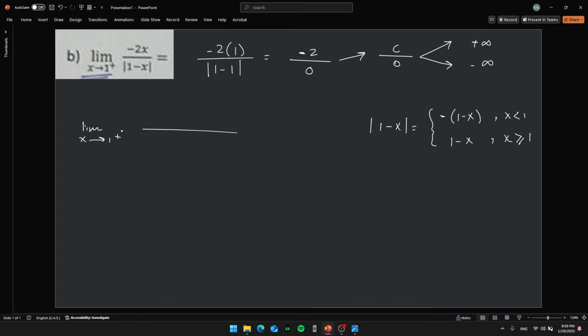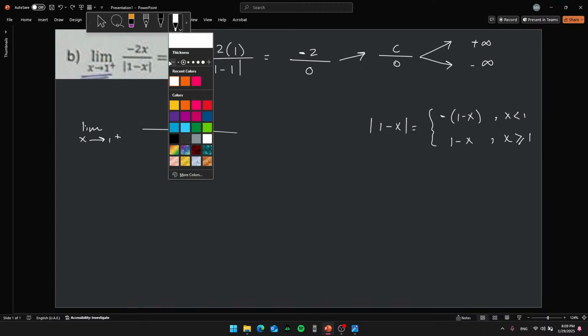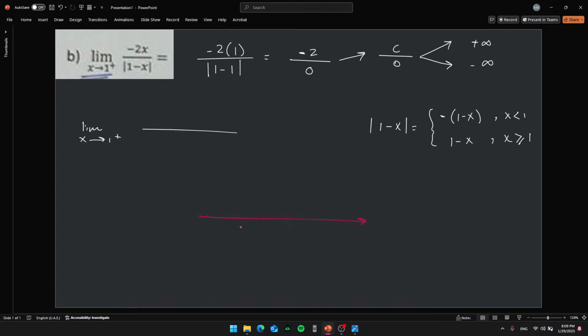Now, x is approaching 1 from the right. If I draw the number line like this, and this is the 1, I'm approaching 1 from the right. So the values would be 2, 3, 4. All of these numbers are greater than 1, right?